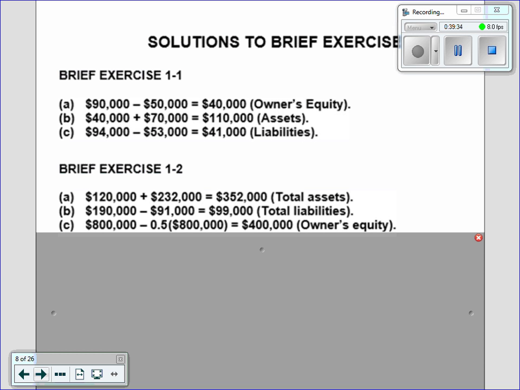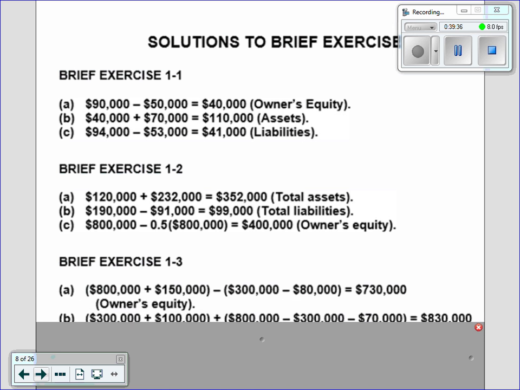To help guide you to make sure you're on the right track. If we started with 800 worth of assets, but it actually increased by 150, and we had 300,000 in liabilities, and we actually decreased them by 80, it shows you where to gather the numbers.